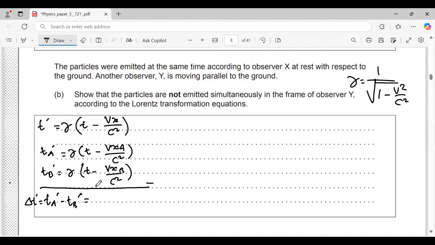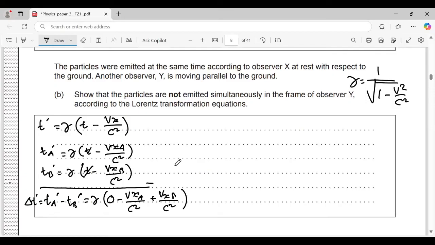Delta t' is gamma times, because t minus t equals 0, it becomes minus v xA over c squared plus v xB over c squared, like that.